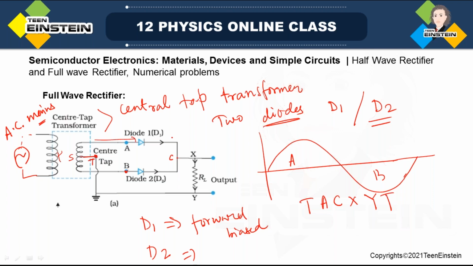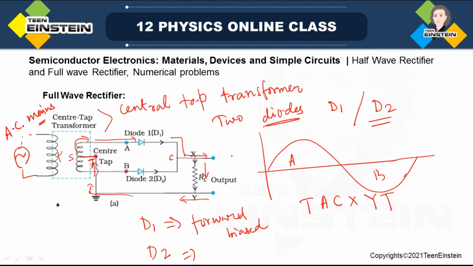Okay, so the current flows in this way, and it completes the circuit. See, since this diode D2 is not conducting, through this current will not flow. So this is a separate path for the current when only D1 is conducting.